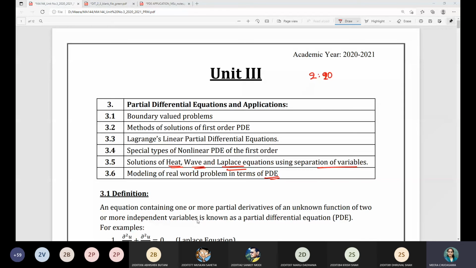What is the convenient time? 2:20 will be okay, or 2:10 will be okay? We will keep 2:10 because I want to finish these three examples tomorrow only so that I do not have to keep an extra class on Saturday. So we will start at 2:10. Your next class will be at 3:20. I think those who have the IT2 class at 3:20, we will have finished by then.